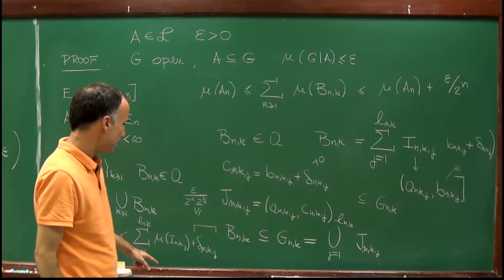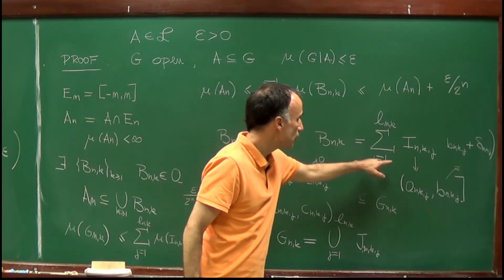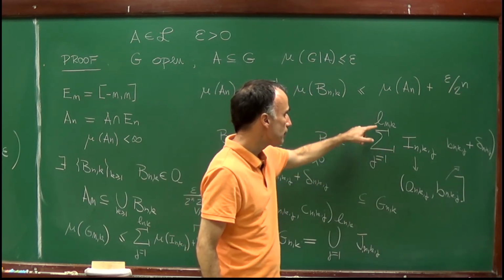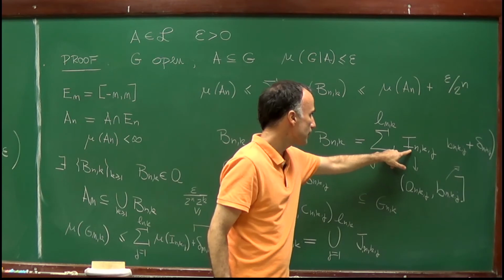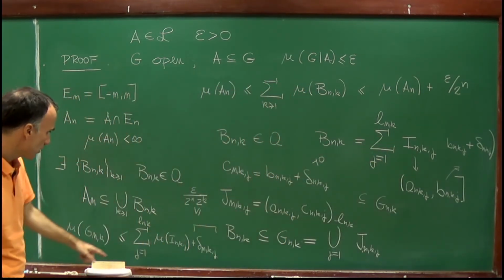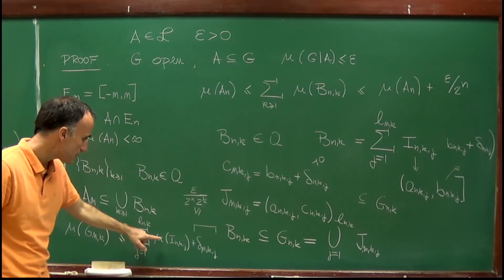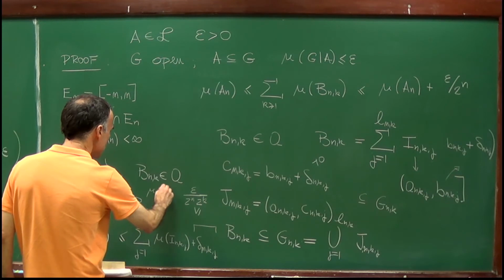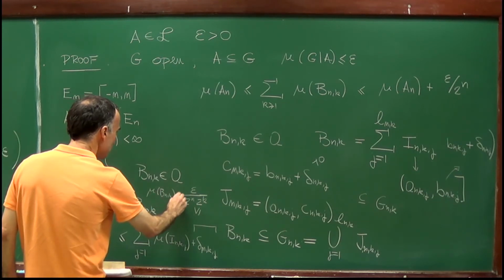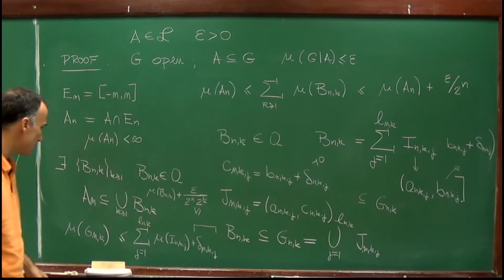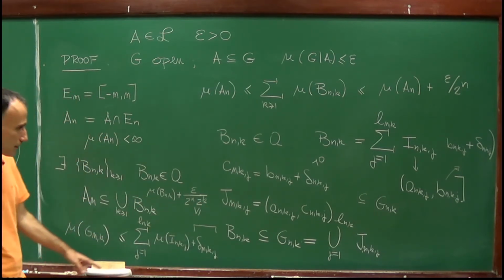Now remember that these intervals are disjoint, so the sum of these measures is the measure of the union, which is exactly the measure of B_{n,k}. So what we have here is the measure of B_{n,k} plus epsilon divided by 2 to the power n, 2 to the power k. So we just proved that.